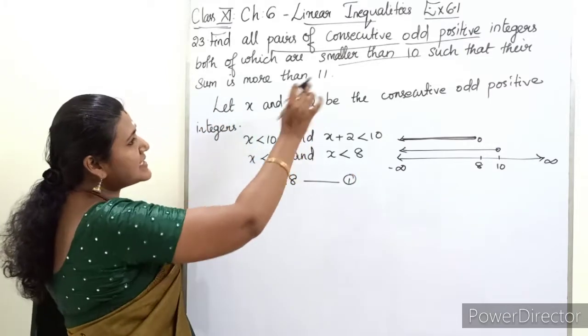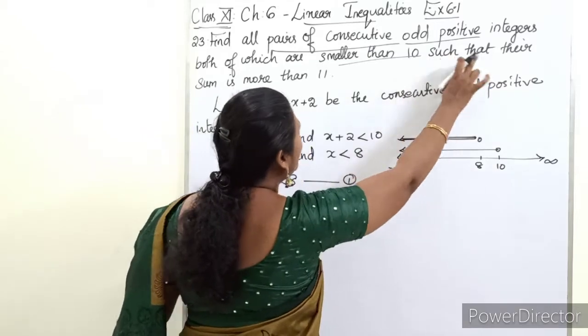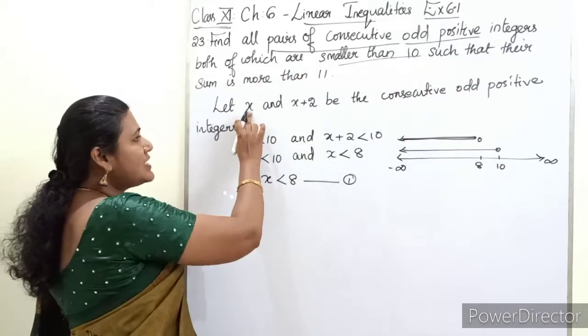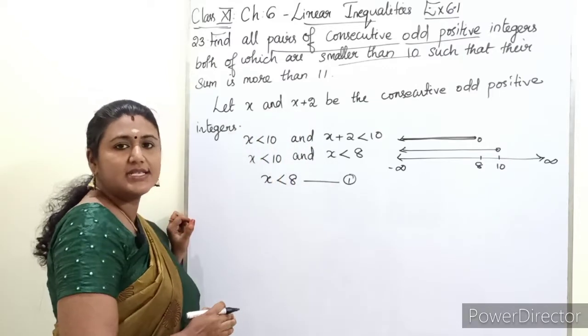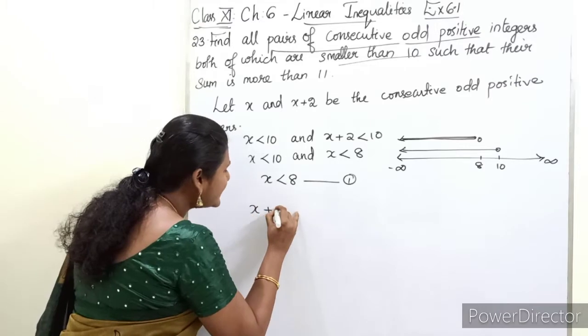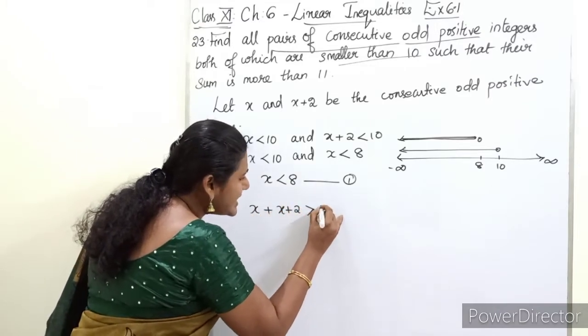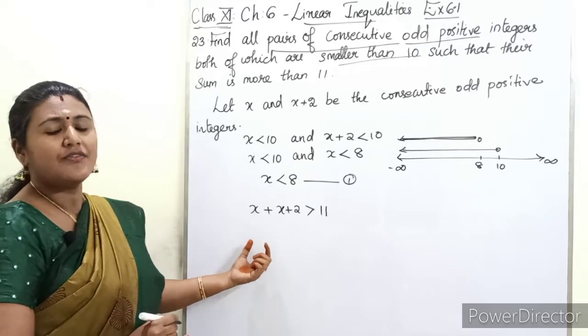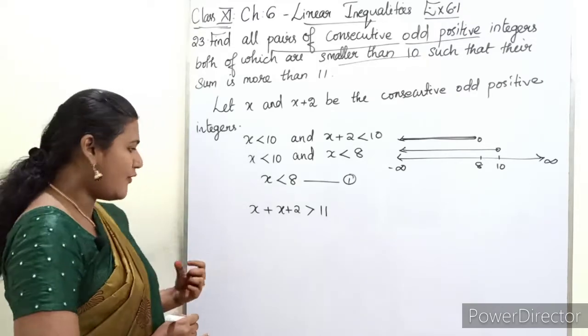Now we will see the next condition: the sum of these two numbers is more than 11. So these are the two odd positive integers and their sum is more than 11. So x plus x plus 2 is greater than 11. This is the second inequality. From this we will find out the value of x.